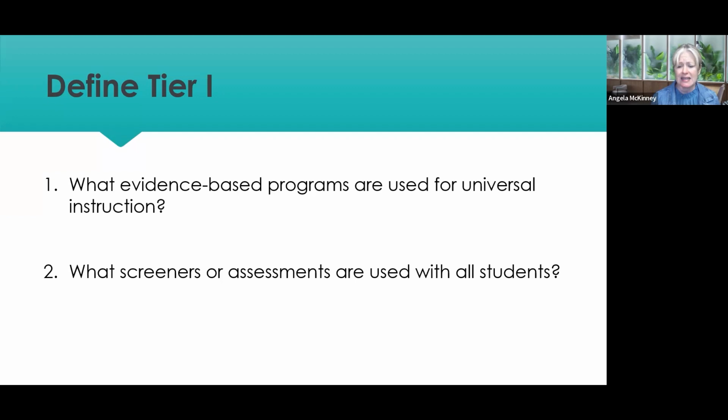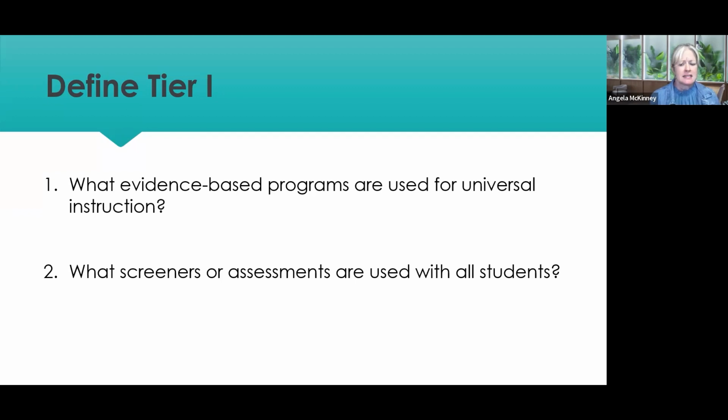It's really important to take stock in what you already have going, because even if you tell me that, well, our school isn't using MTSS, well, you probably kind of are to some degree because you've got a lot of good things going on. It's a matter of pulling them into that framework so that you know where the gaps are, where the holes are, and are able to start filling those things in.